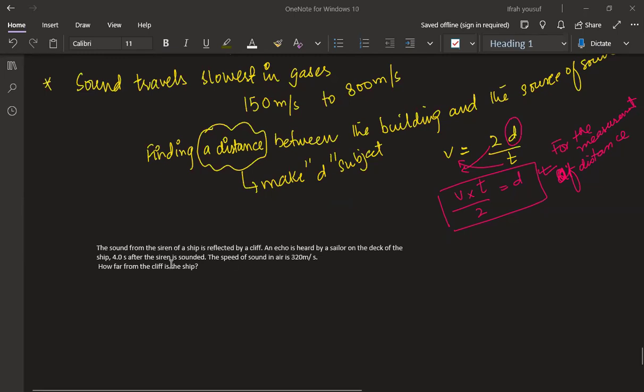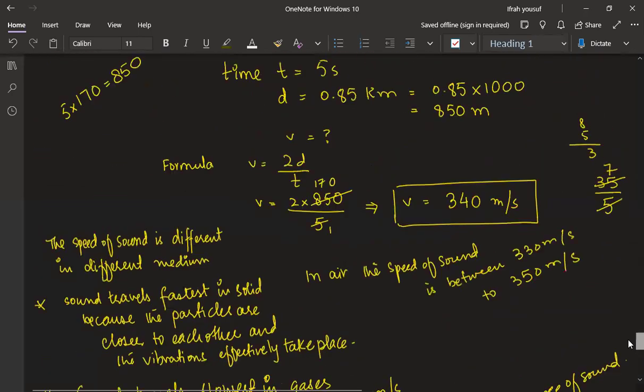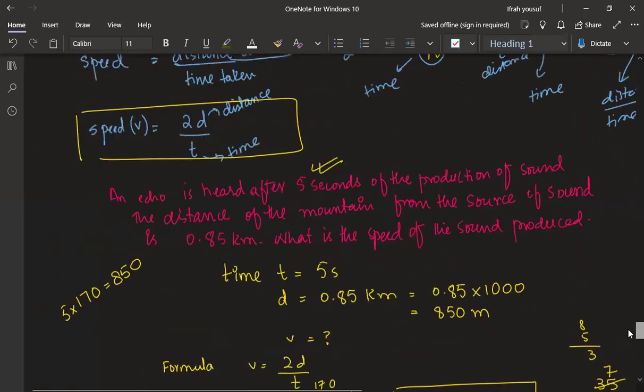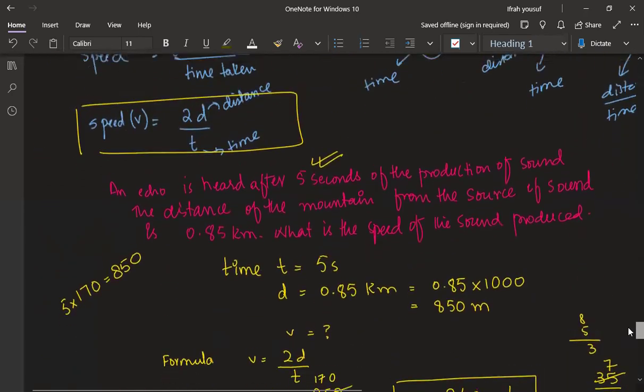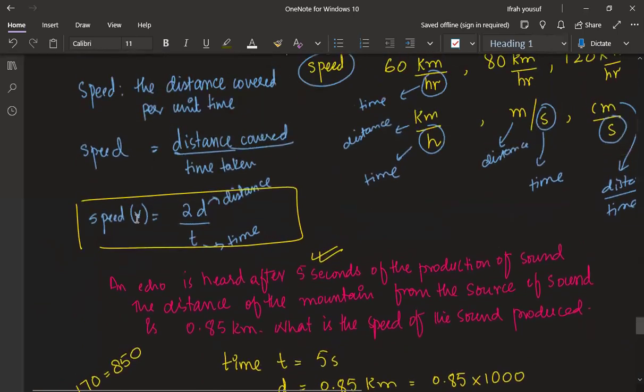So we have completed the reflection of sound in the previous class, and we learned the concept of speed calculation using the concept of echo. Echo is also used to find out the depth, the distance, and the cracks in different objects.